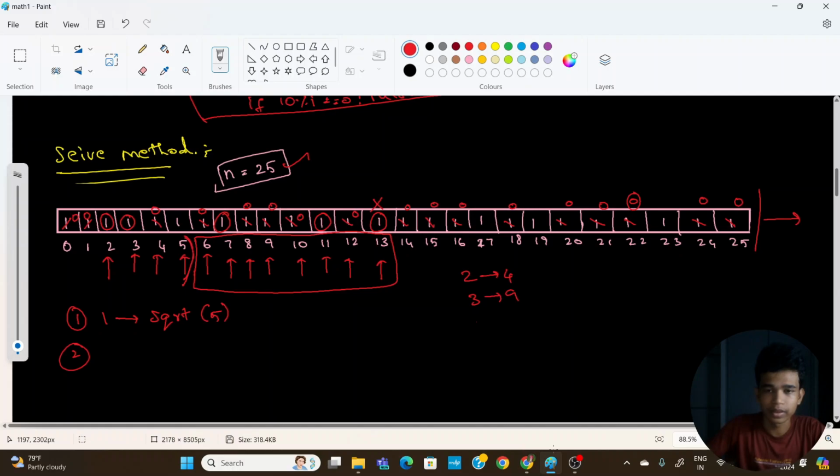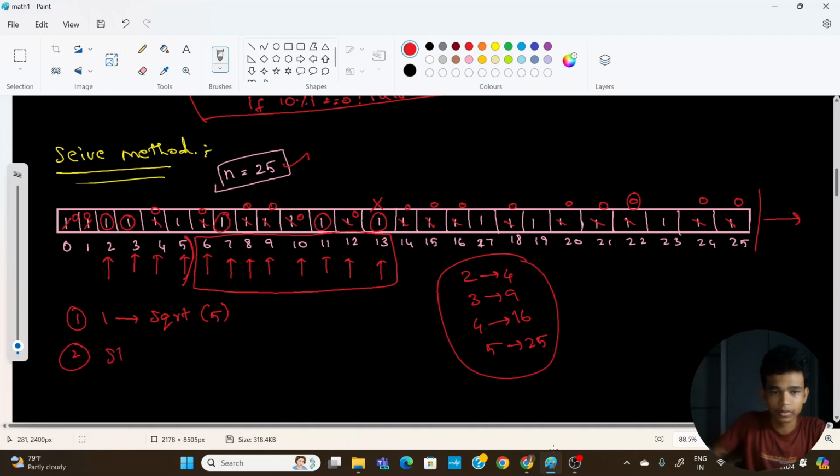For 4, we could start at 8, but 8 is already done, 12 is already done, so we go to 16. Similarly for 5, it is 25. So from this, we can say the starting point of changing a 1 to 0 will be i times i.